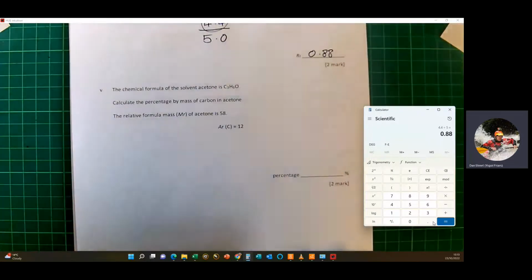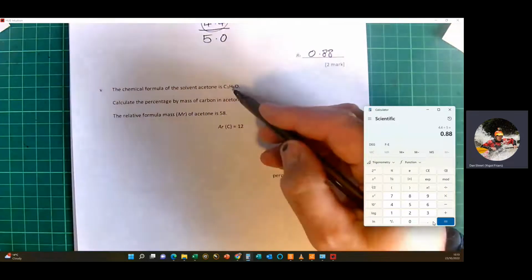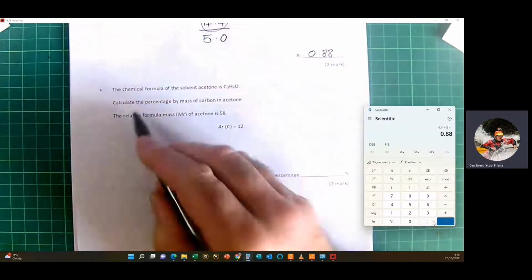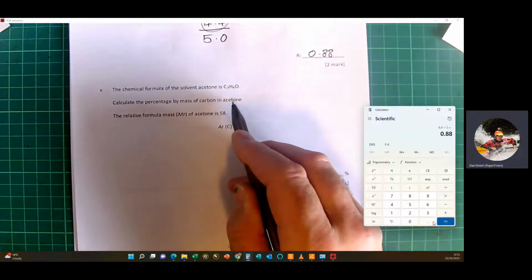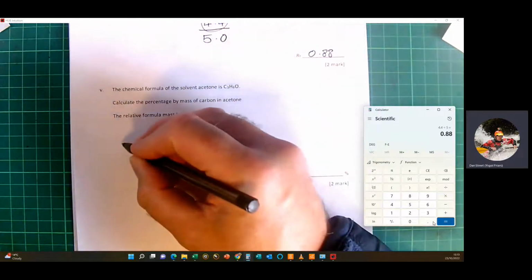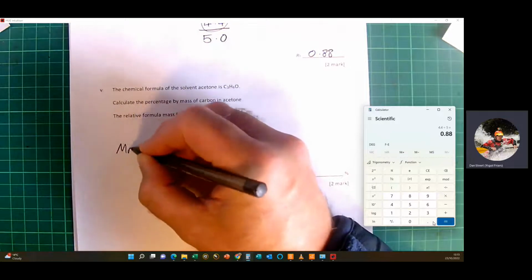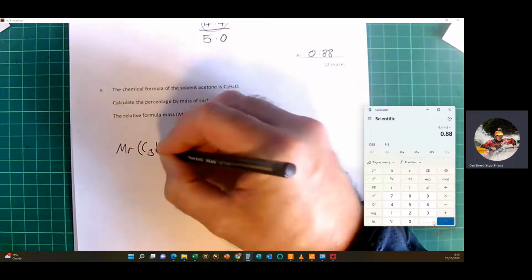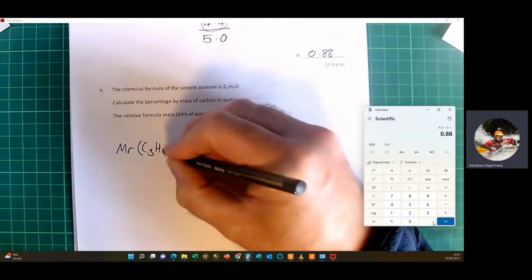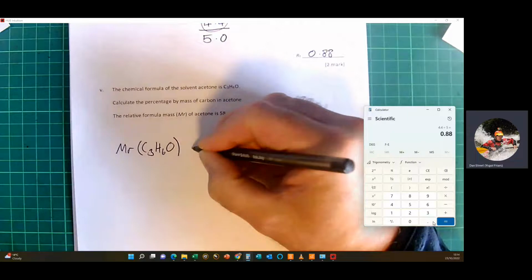Okay. Right, this next question, slight change in tack. It's dealing with the acetone, which is the solvent, but it's not really about the acetone. It's about percentage by mass of carbon in acetone. So what we need to consider is, first of all, the Mr of the acetone overall. So Mr of C3H6O.